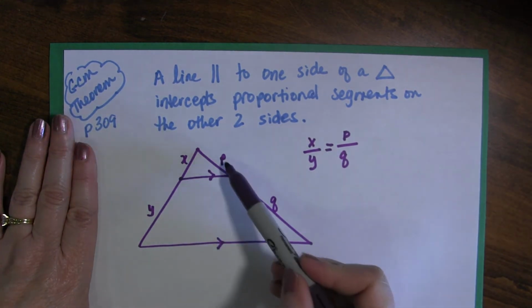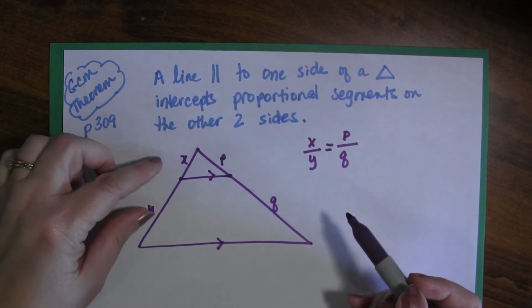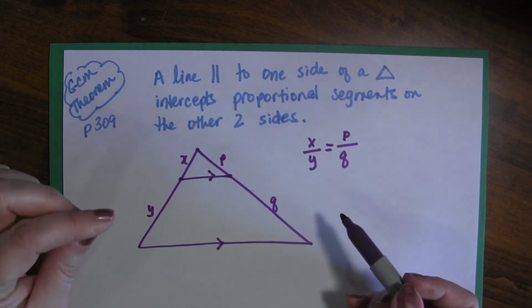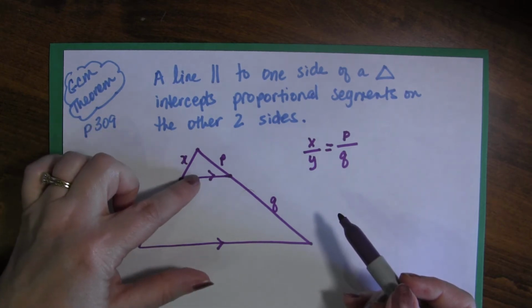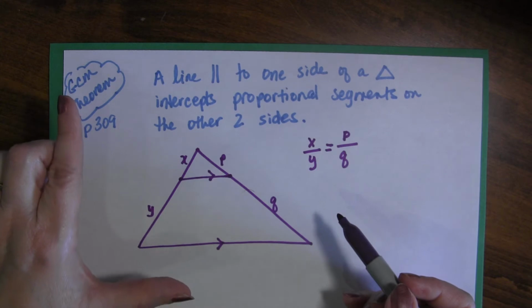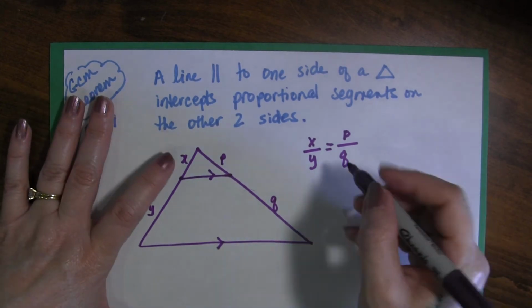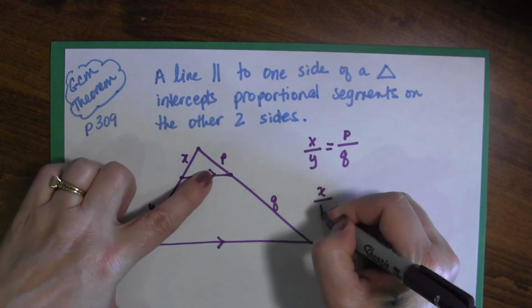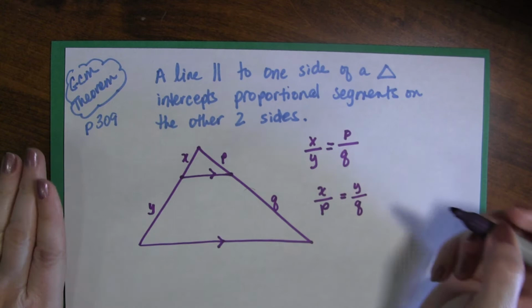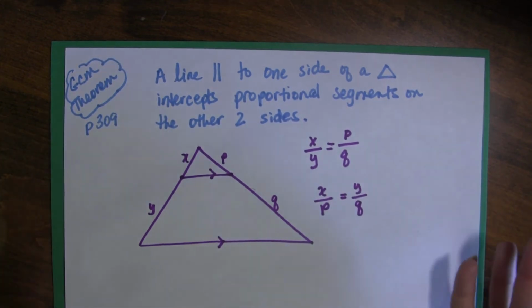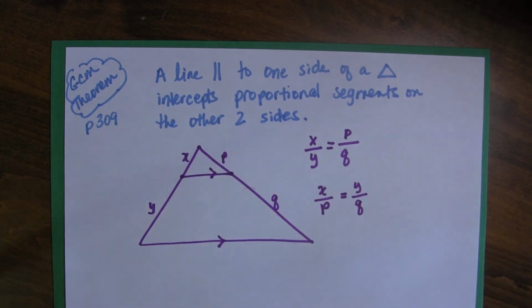In other words, there's some sort of predictable relationship between these segment lengths when they are made by drawing a parallel line. And just to be clear, you could have X divided by P equal Y divided by Q. That's also the same. You're just going to have a good looking proportion somewhere.